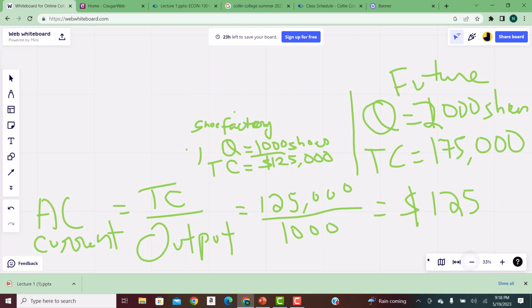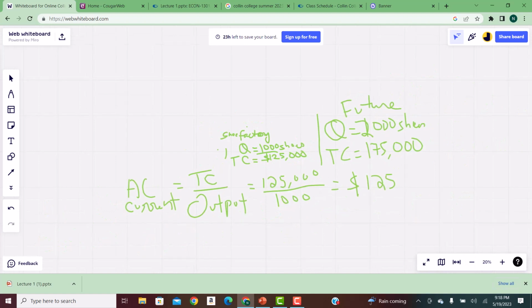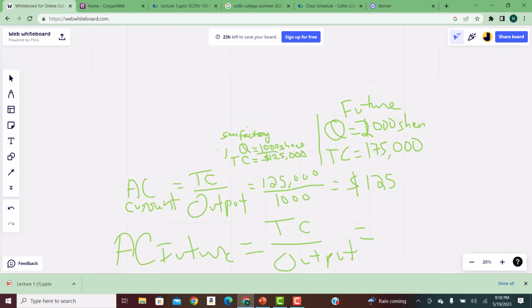Okay. Now we're going to see what's going to happen to the average cost in the future. The same way, average cost in the future is equal to total cost divided by output. So in the future, total cost is 175,000, right?